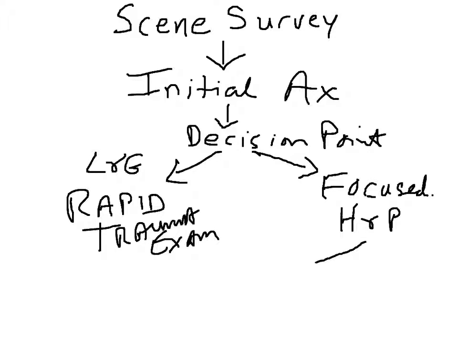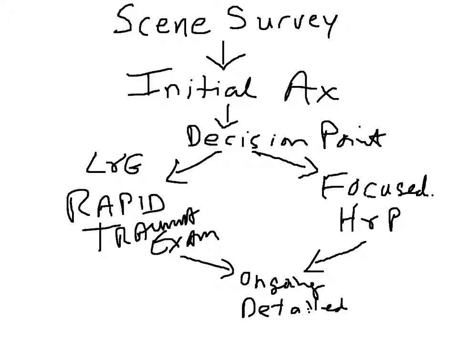Then eventually, they all get an ongoing exam, and most of them get a detailed exam. The detailed exam is very detailed. That's why they call it the detailed exam.